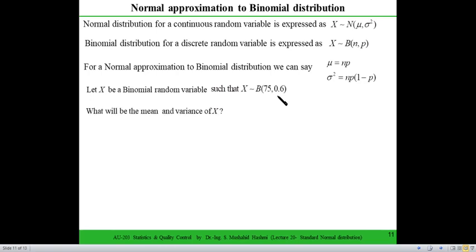So we can easily calculate the mean value of the random variable. The mean value would be n times p, 75 into 0.6, so 45 would be the mean value, and the variance would be 18.